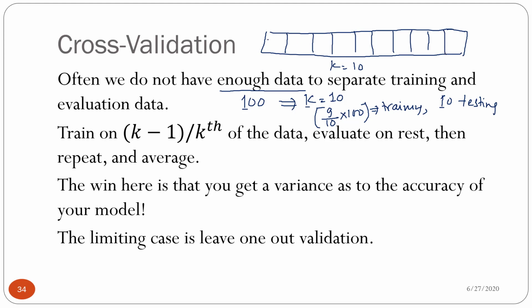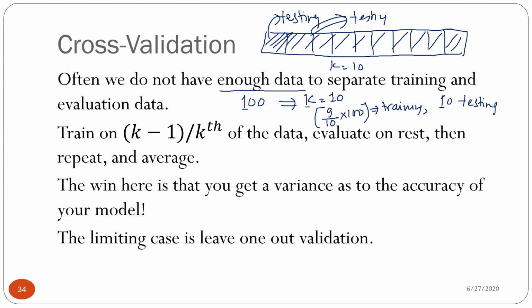These are all 10. So what you will be doing, you will leave this one out, train on the remaining 90 samples, and use this one for testing. Later on, you will include this one also for training and use the second one for testing. Right, so in this rotation, you are learning your model on 9/10 of the data and testing it on the remaining one.